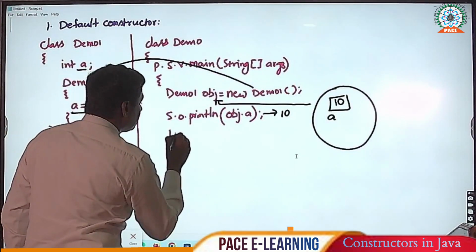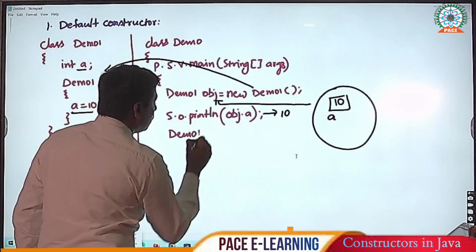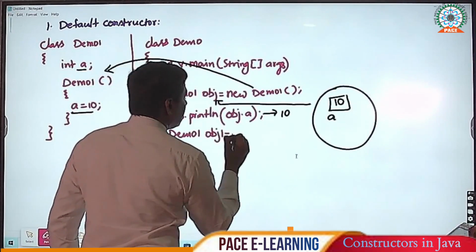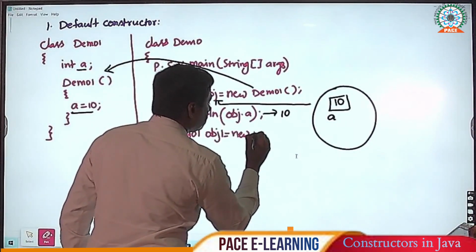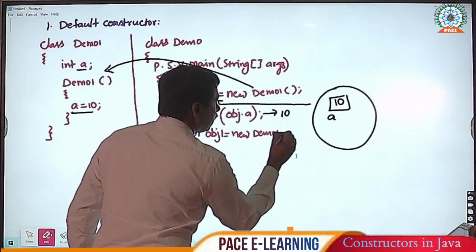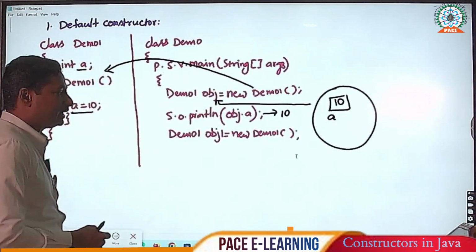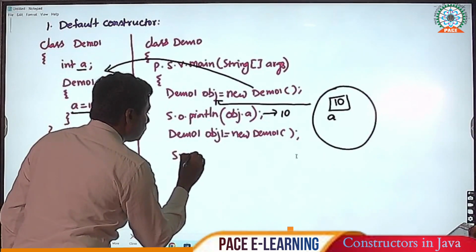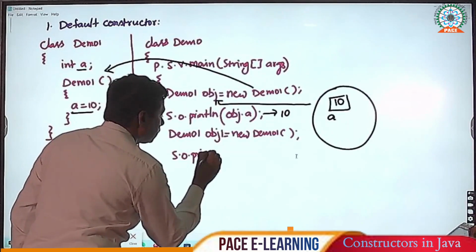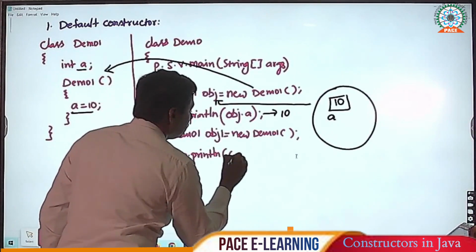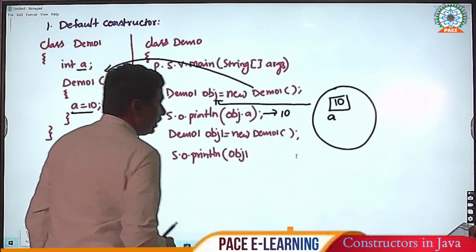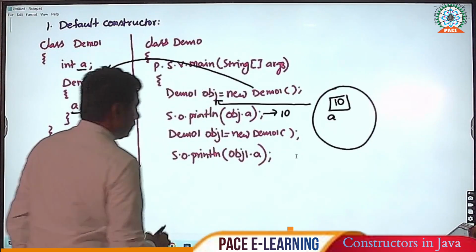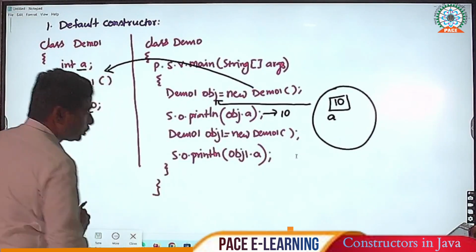Here I am creating one more object, obj1 equal to new demo1. I am printing that A value on obj1 with System.out.println. Close this method, close the class.